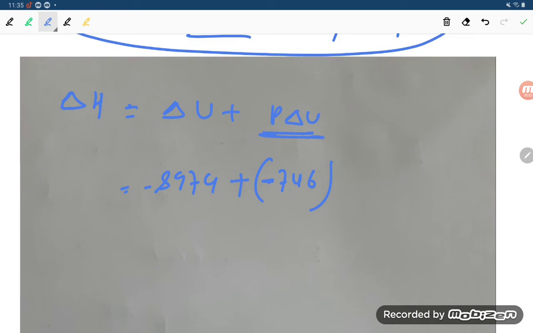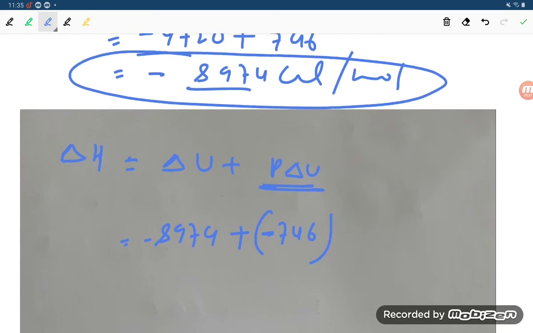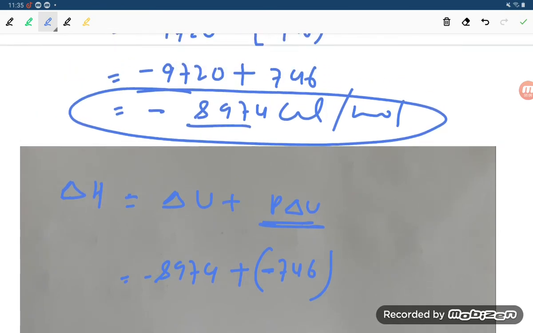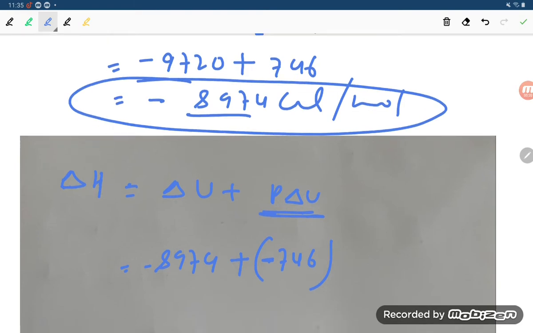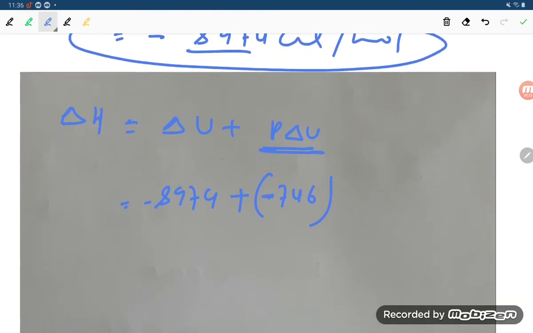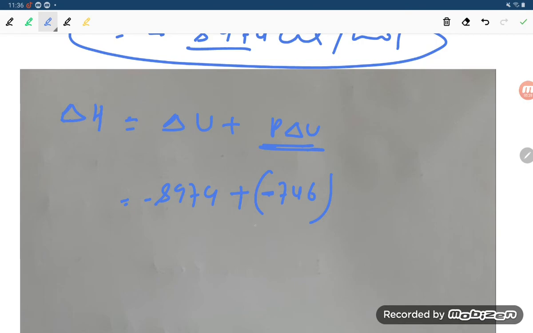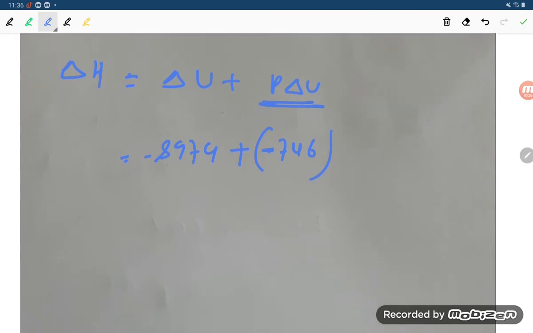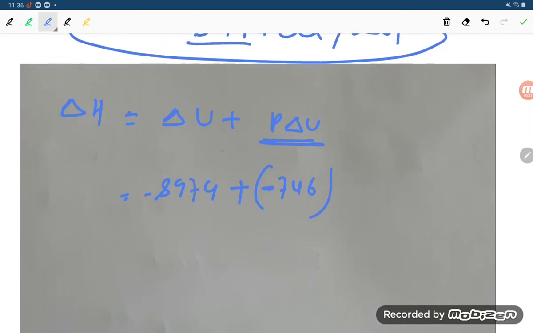Now dear student, if you check this one, that is correct only. So minus of minus, delta U plus P delta V. This is the work done by the system, student.